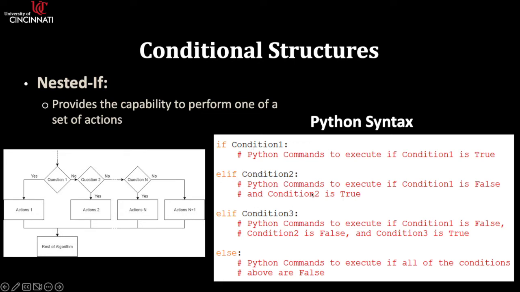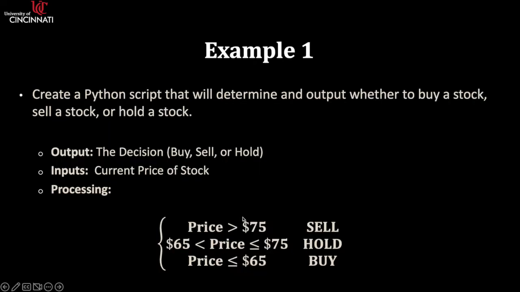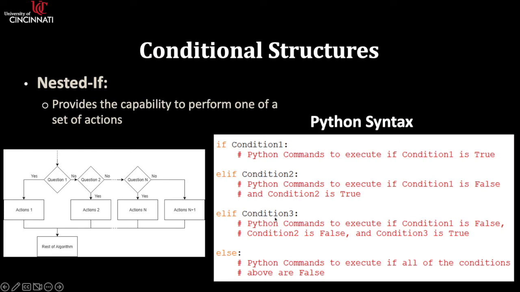And these are the commands to execute if these conditions are true. So elif condition 2 would mean execute if condition 2 is true and condition 1 is false. Elif condition 3 would mean execute if condition 1 and condition 2 are false and condition 3 is true. And then else would be when all of these conditions are false, then execute what comes under else.